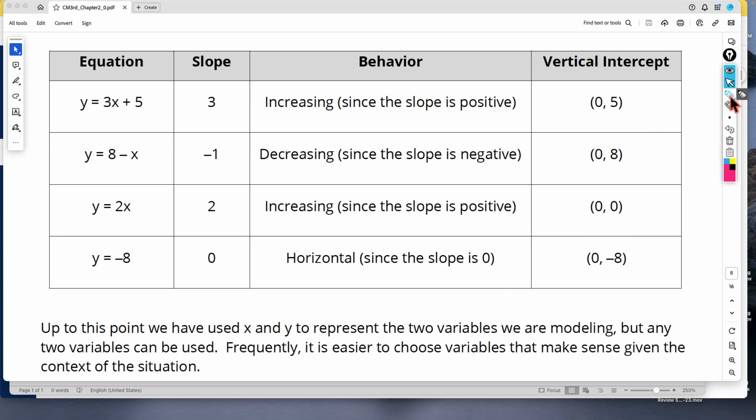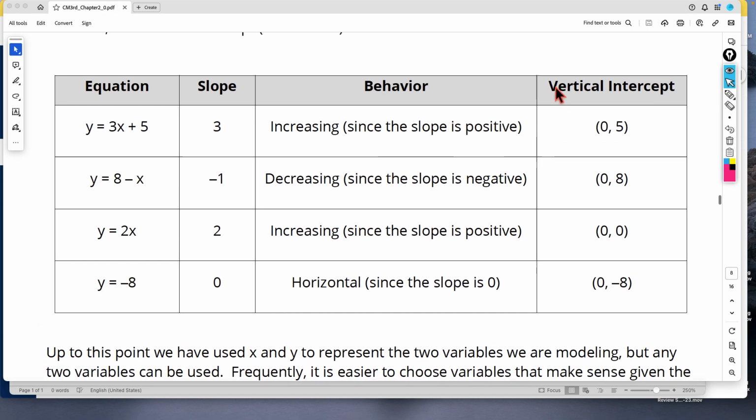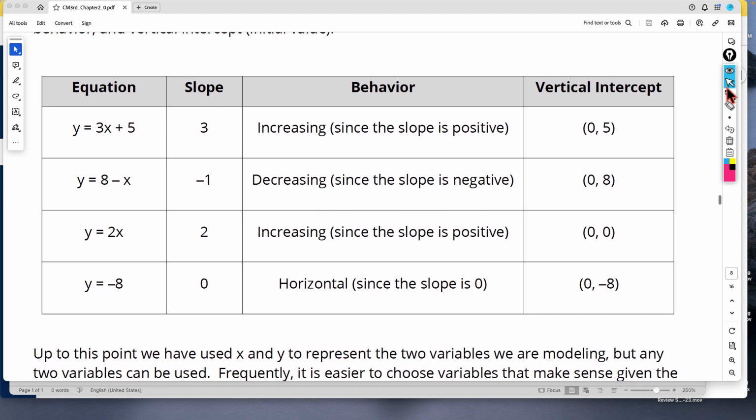So we've kind of diagrammed it. So for y equals mx plus b, we know that m is our slope, our rate of change.